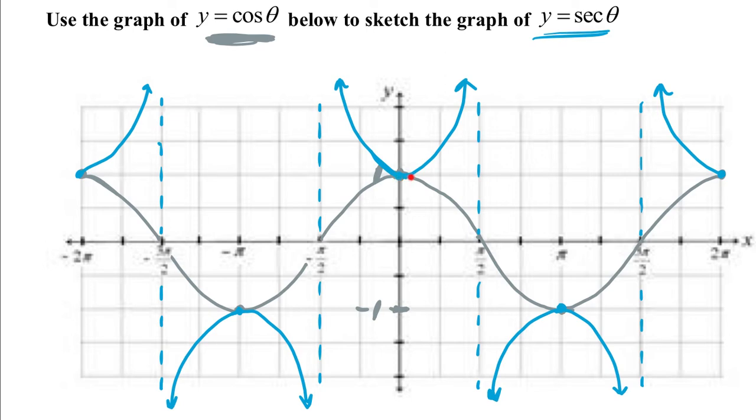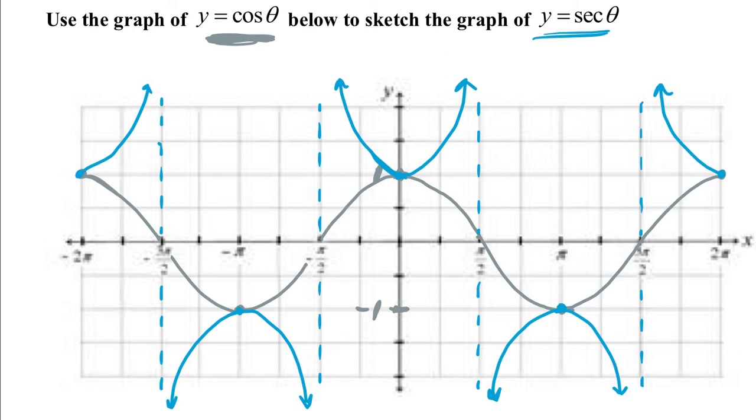So if you look at where cosine is 0, those are odd multiples of pi over 2. So you would have -3 pi over 2, -1 pi over 2, +1 pi over 2, +3 pi over 2. It's all the odd multiples of pi over 2.